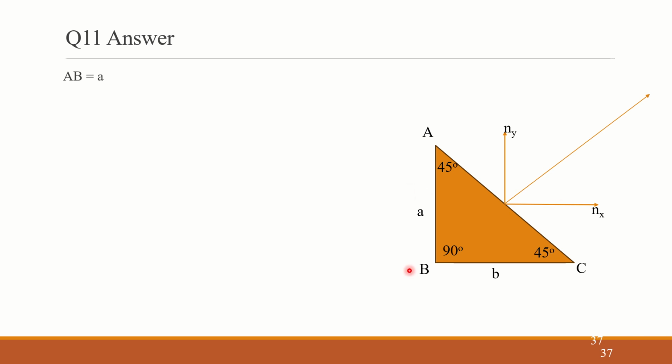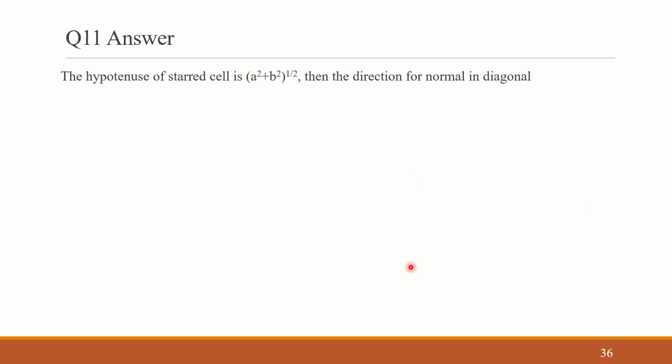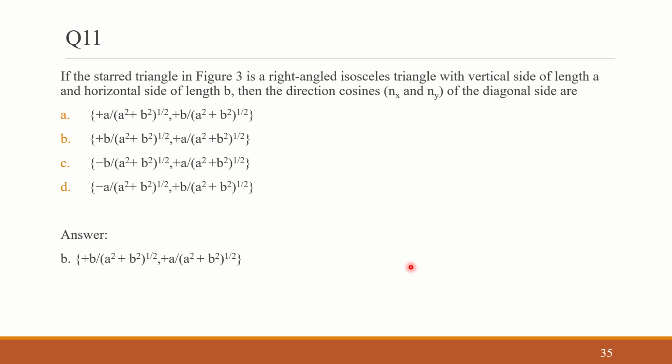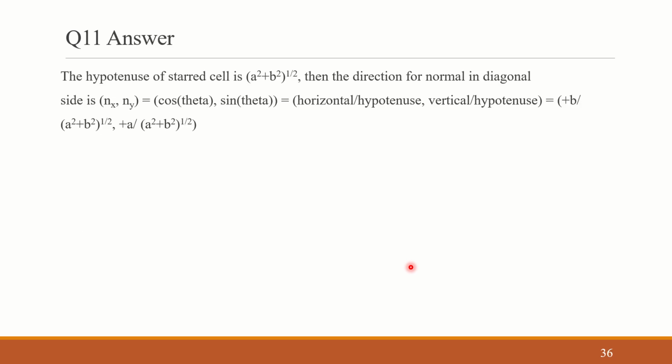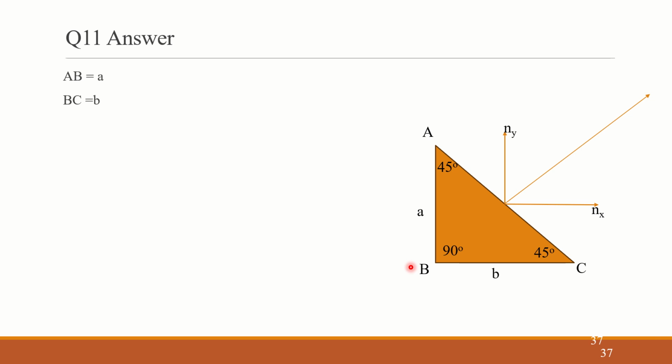AB is a and BC is b, and AC, the hypotenuse, is square root of a square plus b square, and nx is nothing but cos 45.